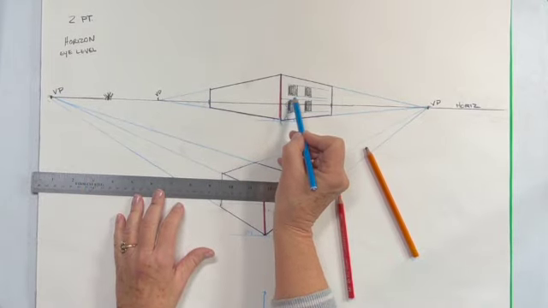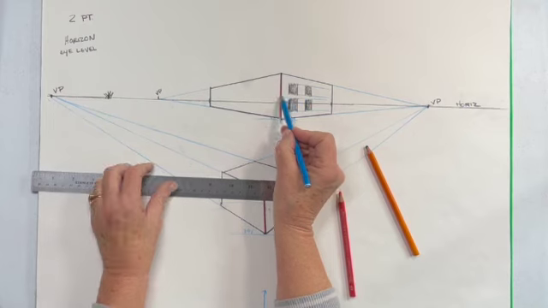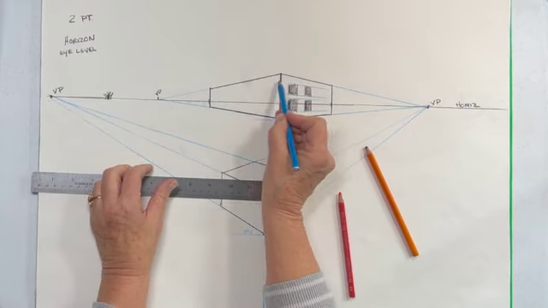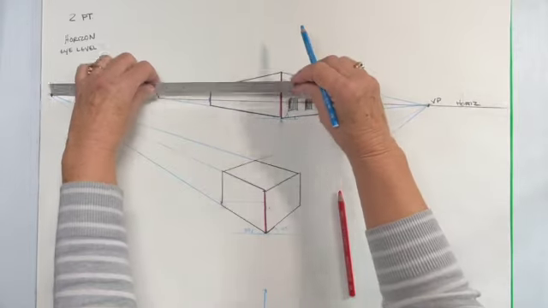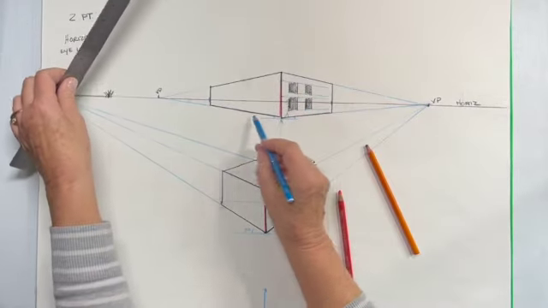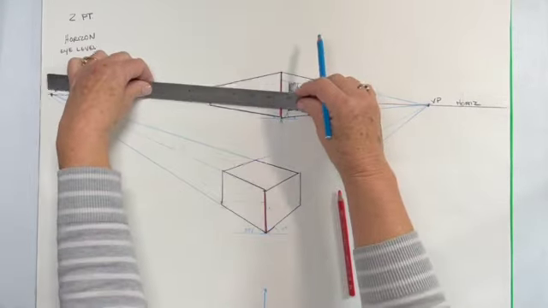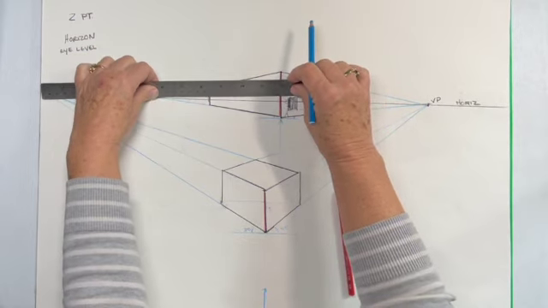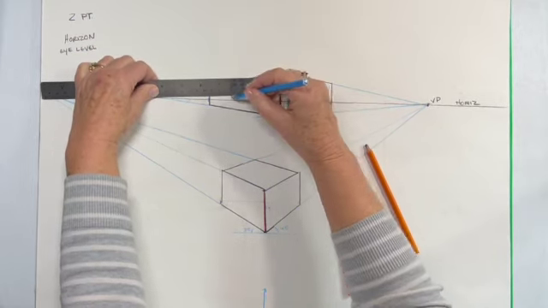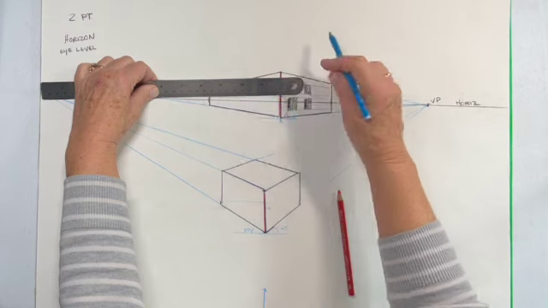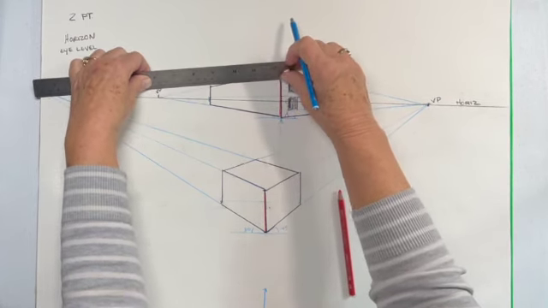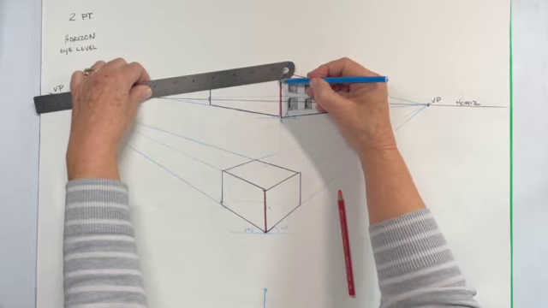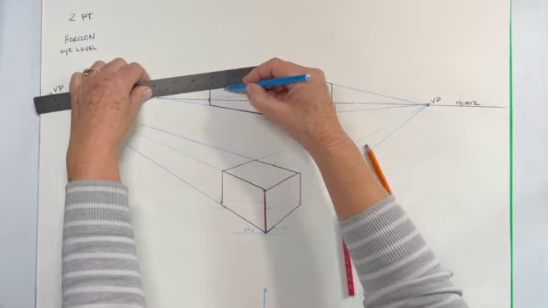So as I bring this line out to here, I notice that the top of the windows will have to come from here and the top of the door to this vanishing point. Remember, vanishing point here. I'm going to say that's the top of my door. And the top of these, see, from this corner down to that vanishing point, I have to make that adjustment.